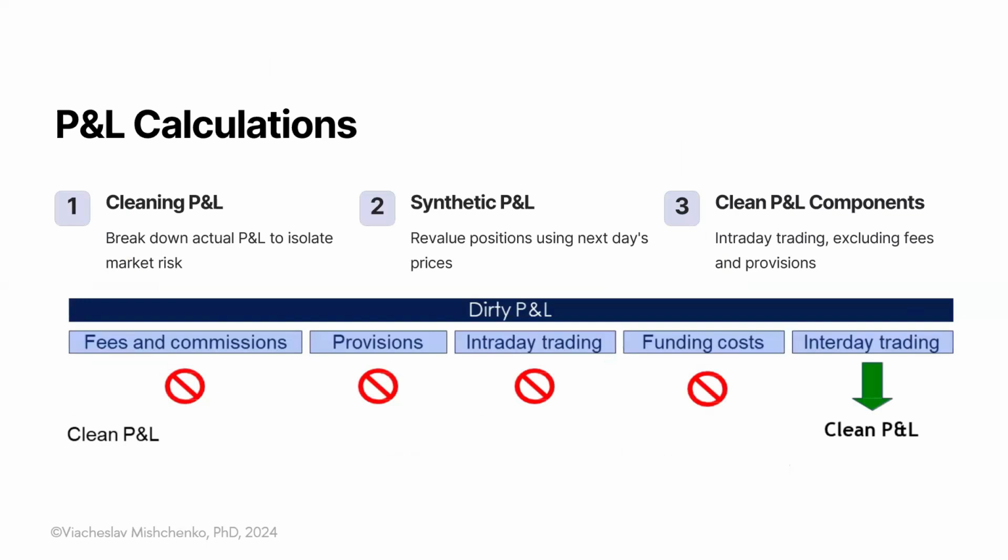What does it mean? It means that actual P&L includes many factors that may not relate to market risk. And here we can have two main approaches: cleaning actual P&L or calculating hypothetical P&L.